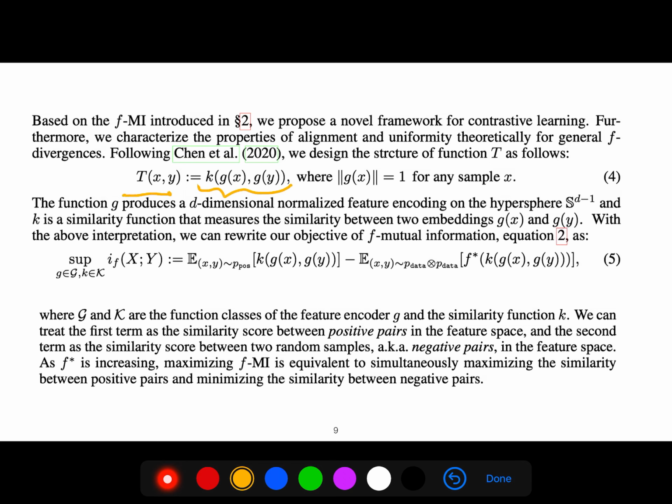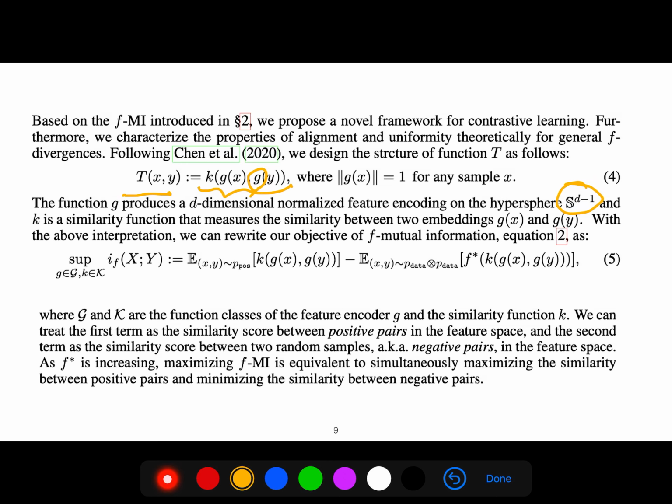like this K of g(x) and g(y). This function g produces a d-dimensional normalized feature encoding on the hypersphere. And K is a similarity function that measures the similarity between two embeddings.